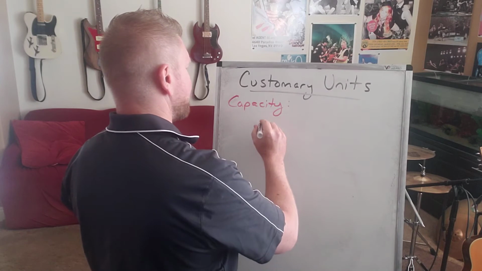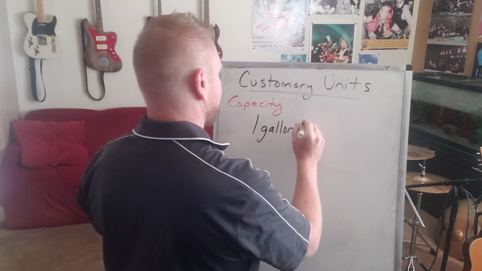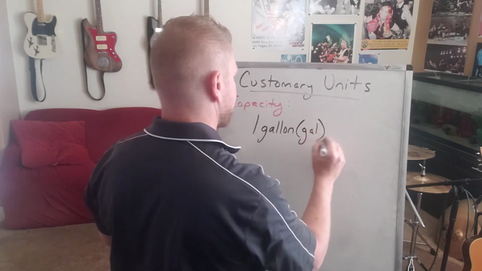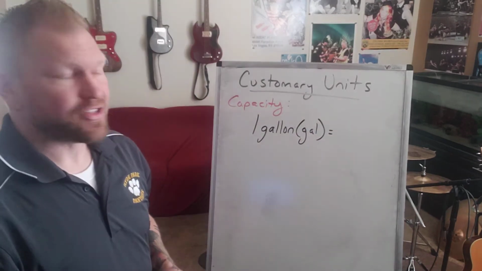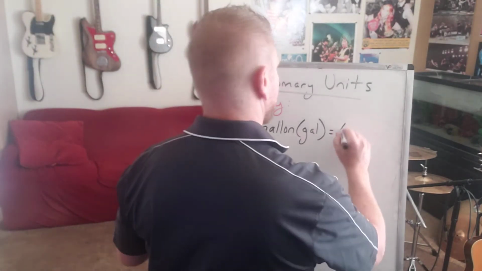Okay, so let's start with 1 gallon. Gallon is abbreviated GAL, and 1 gallon is equal to 4 quarts.